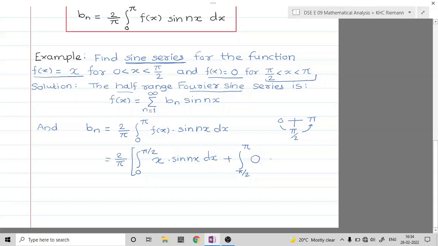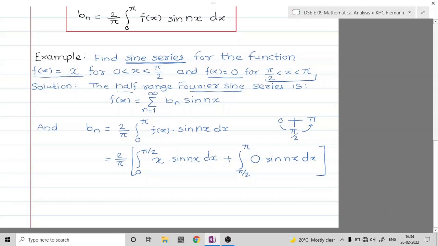So function is 0. Actually no need to write this because integration of 0 is 0. You can in fact neglect the second integral. So again, neglect the second integral, concentrate only on first integral.